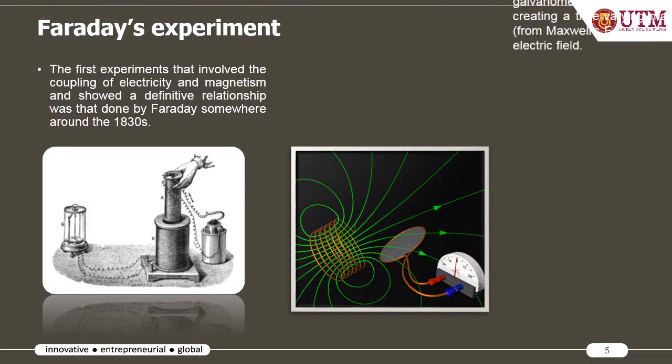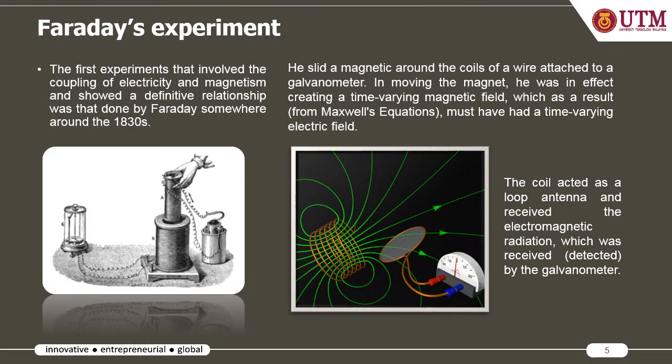Okay, the next experiment was conducted by Faraday. He was trying to investigate the coupling effect between the electric and magnetic field by using a magnet that was slid into a wire of coils attached to a galvanometer.